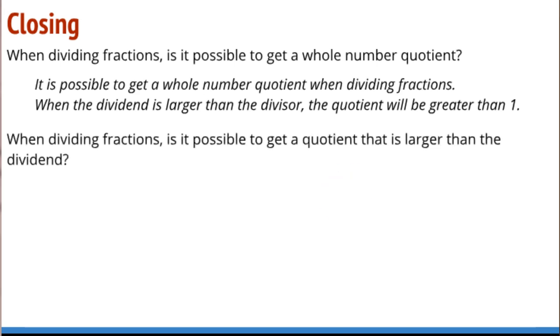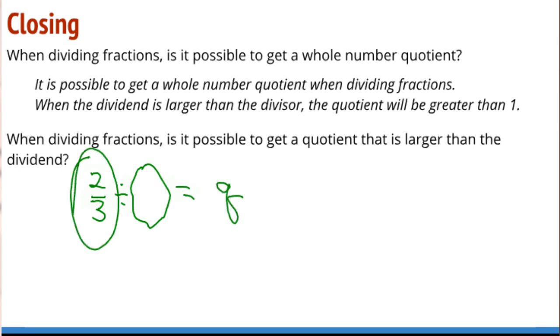When dividing fractions, is it possible to get a quotient that is larger than the dividend? So I've got a dividend of 2/3, and I want to divide it by some number, and I want to get a quotient that is going to be greater than 2/3.